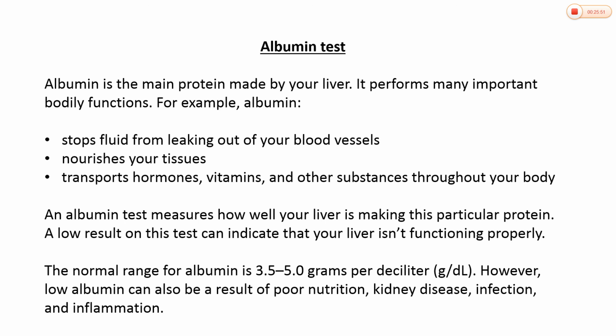An albumin test measures how well your liver is making albumin, and a low level indicates that the liver is not functioning very well. The normal range of albumin is 3.5 to 5 grams per deciliter. However, low albumin can also result from poor nutrition, kidney disease, infection, or inflammation. And thank you very much.